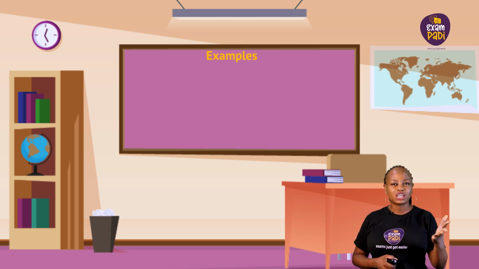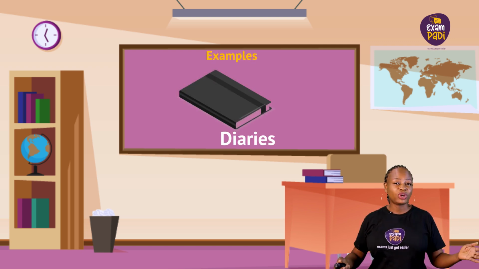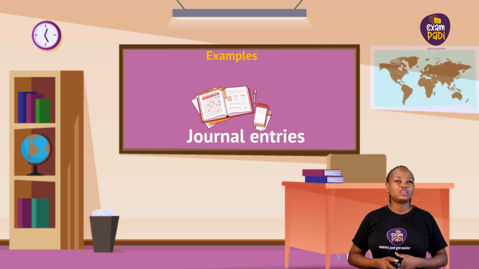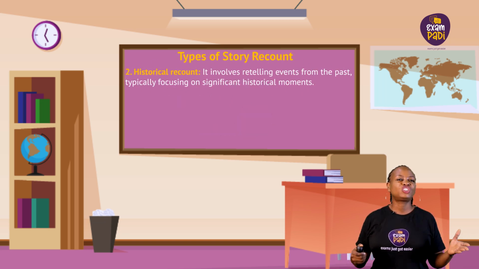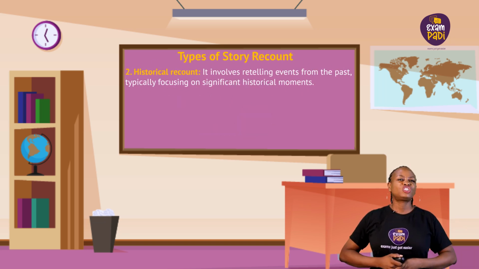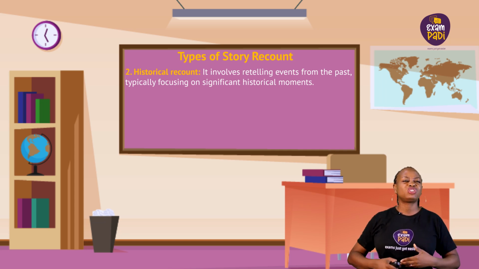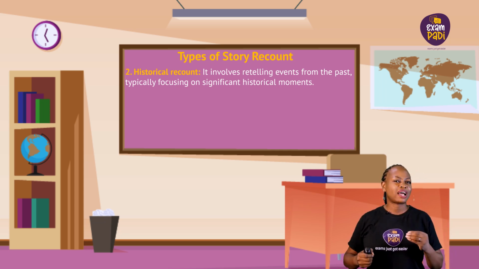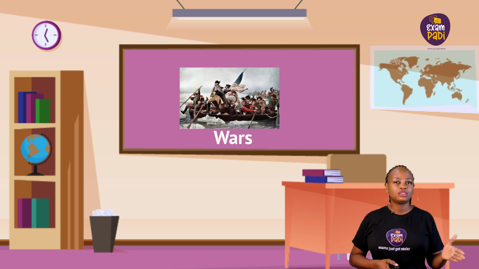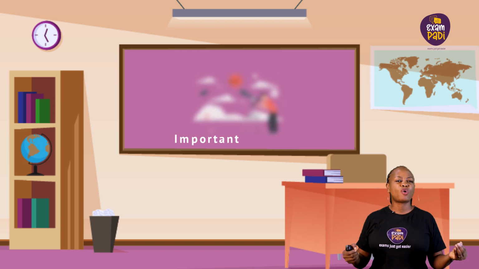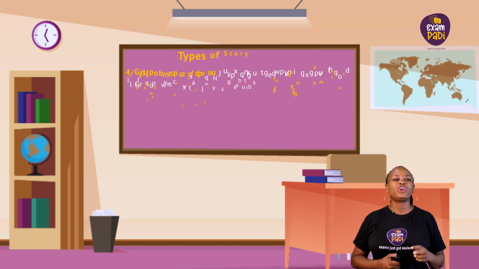Examples of personal recounts include diaries, journal entries, personal letters, and so on. 2. Historical recount. Historical recount involves retelling events from the past, typically focusing on significant historical moments such as wars, revolutions, or important discoveries.